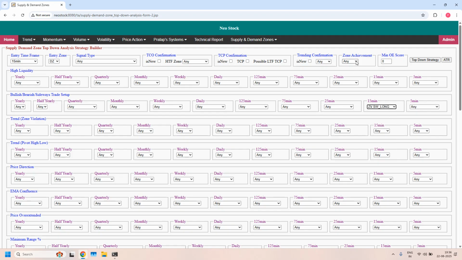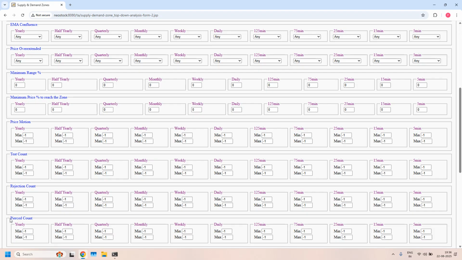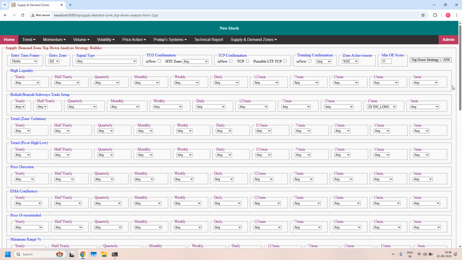And zone achievement should be violated opposing zone. Minimum odd enhancer score should be 11 for sideways, and also the 15 minutes demand zone should not be pierced. So in the pierced count parameter, at 15 minutes time frame, I am setting minimum value 0 and maximum value 0, so that the 15 minutes demand zone should not be pierced.